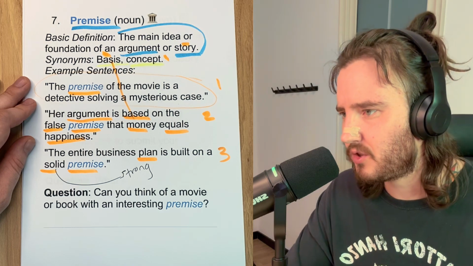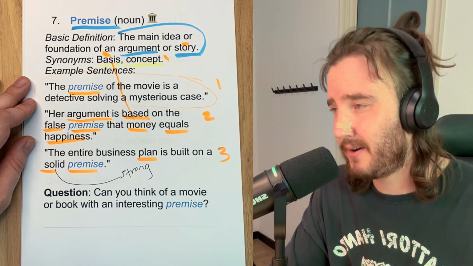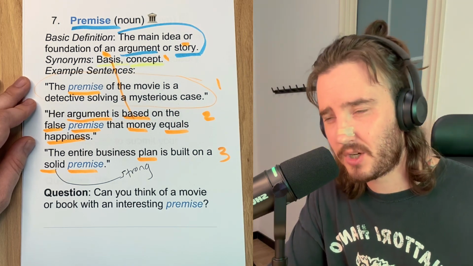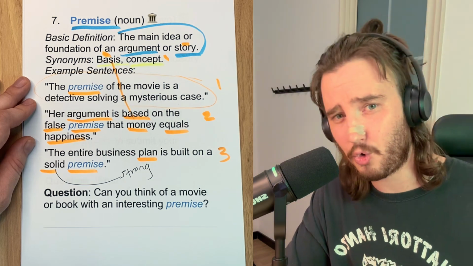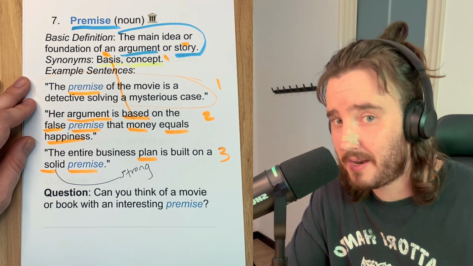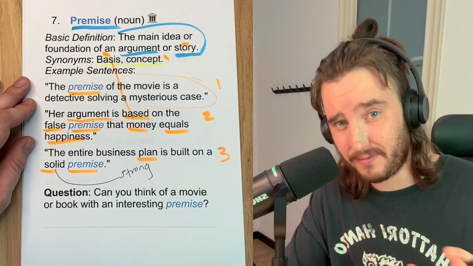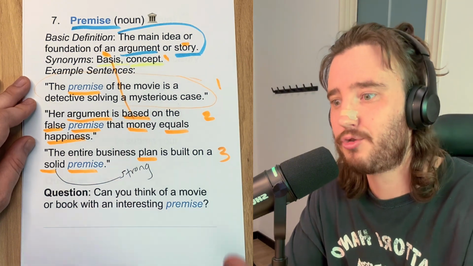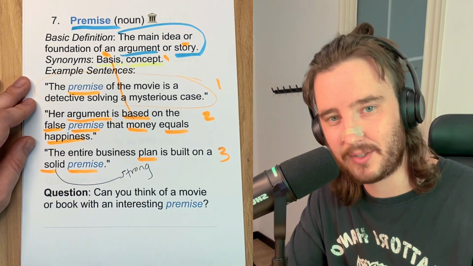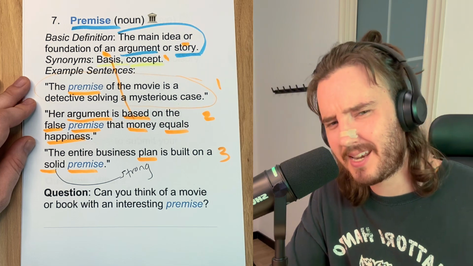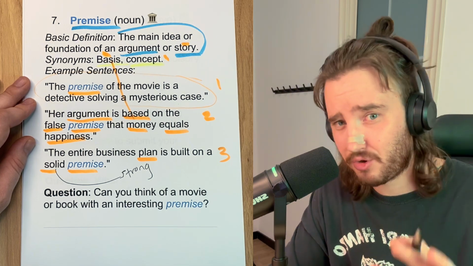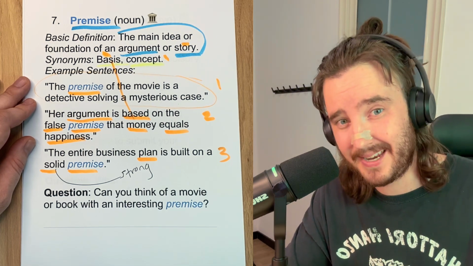The characters in the movie, they have to be very slow, very cautious, very careful, very quiet, otherwise, if they make noise, they will attract the attention of the monsters, right? So I think that's an interesting premise, especially for a horror movie, right?